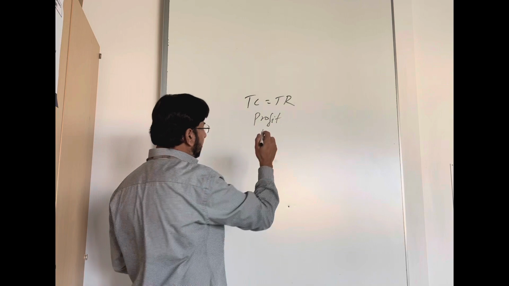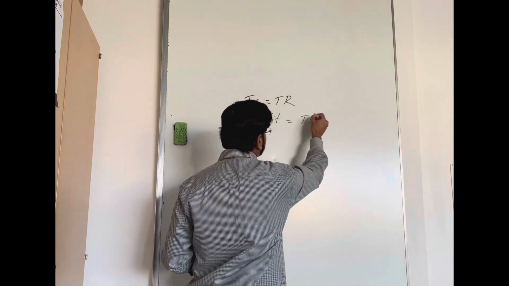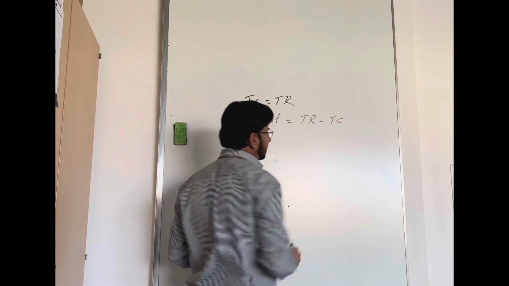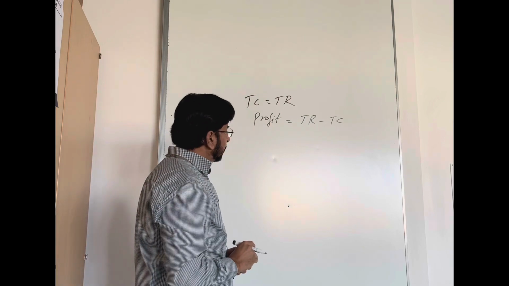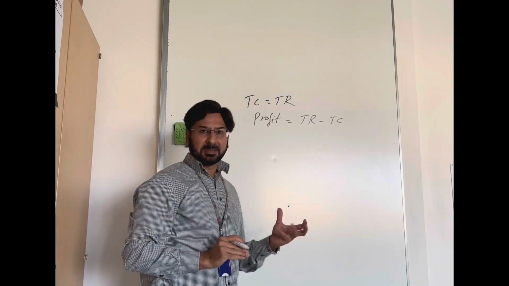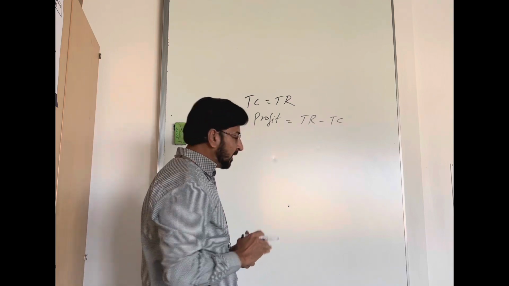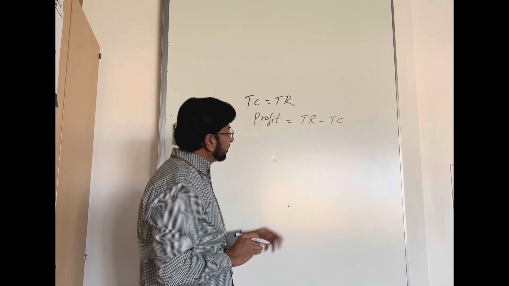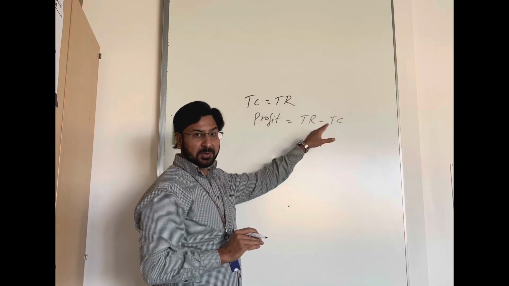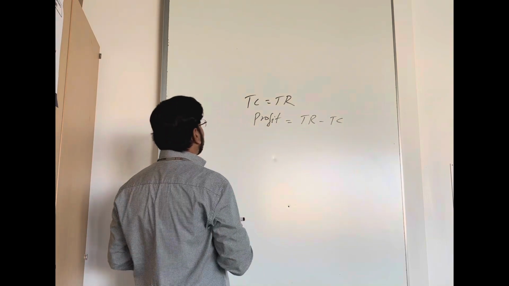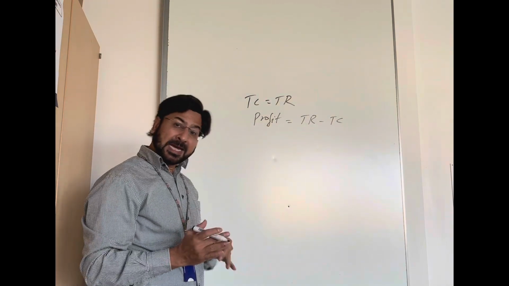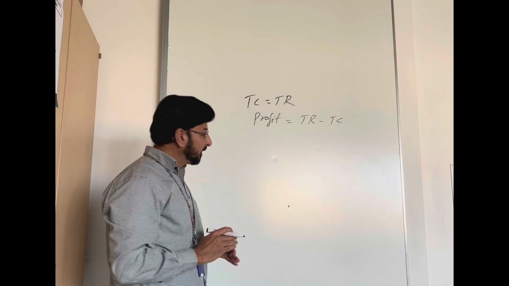And you know the profit formula is TR minus TC. So it's easy to imagine the graph of break-even analysis because you know that we need revenue and cost curves. Right, so let's get into the analysis.